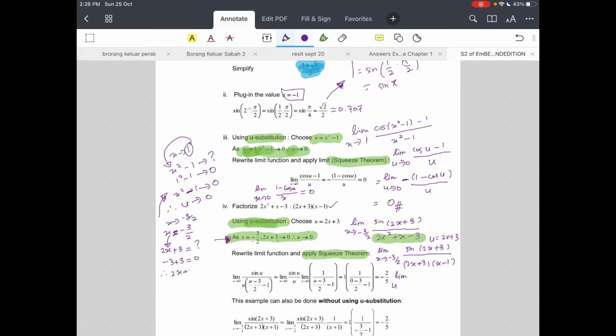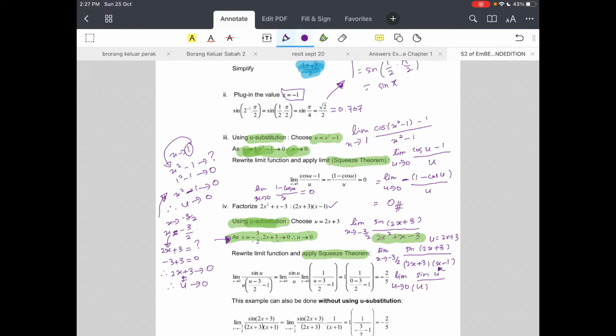Therefore 2x plus 3 is approaching 0, and so does u, because u equals 2x plus 3. So here u approaches 0, and this will become sine u over u.